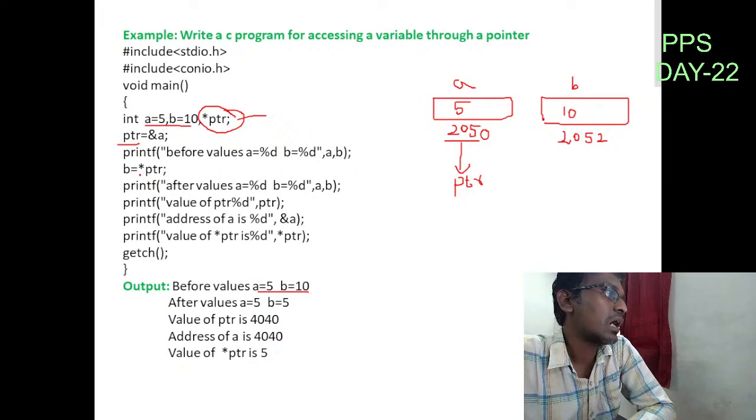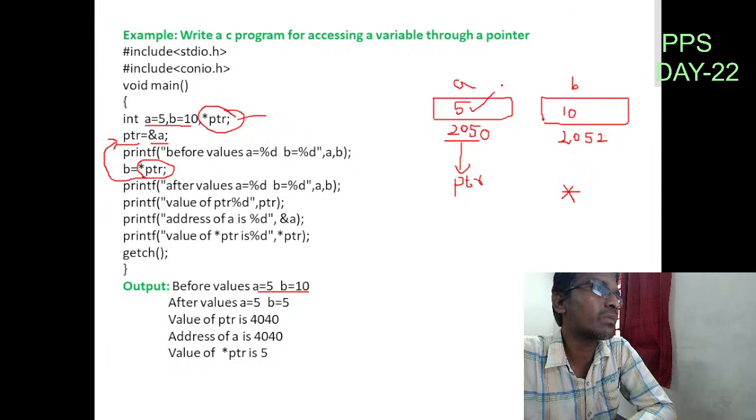Now I am going to assign a value to the b variable using the pointer variable. The star indicates that it contains the value of the variable. So what is *PTR here? It is *PTR, which is pointing to the variable a at address location 2050.